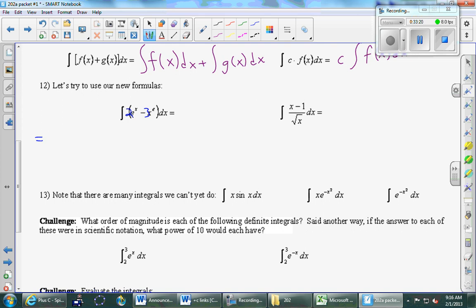That's a good thing. I can really do what? I can split it into two different integrals. So we're integrating 2e to the x dx, and we're also integrating 3x to the e dx. And what goes between? Minus sign.